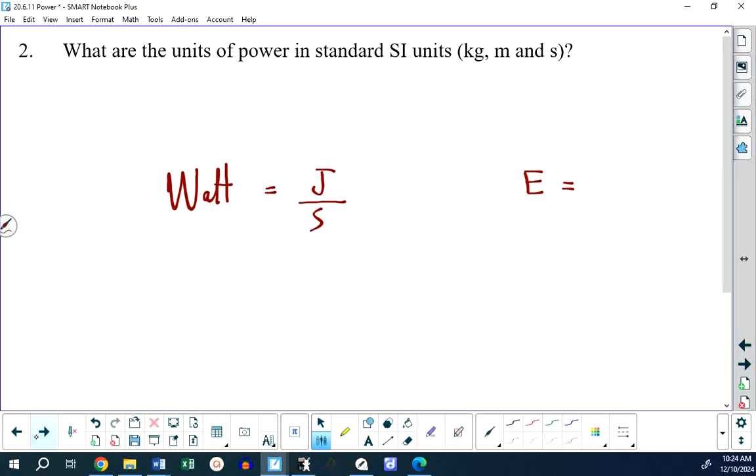So I'm going to go with mgh. Would you agree that if I multiply mass by g times h, I get potential energy? And energy is measured in joules, which means that if I take kilograms times meters per second squared times meters, I have to get joules.